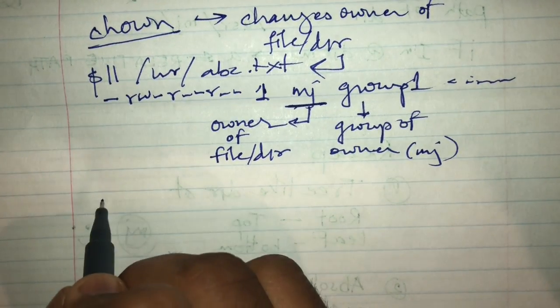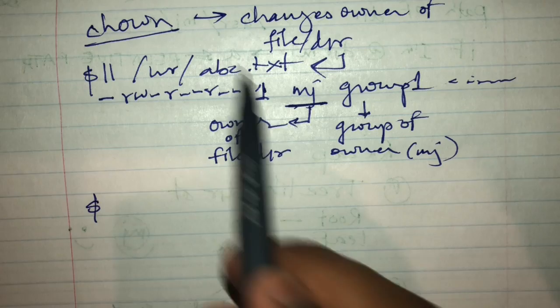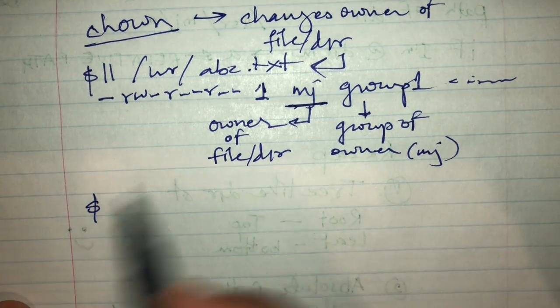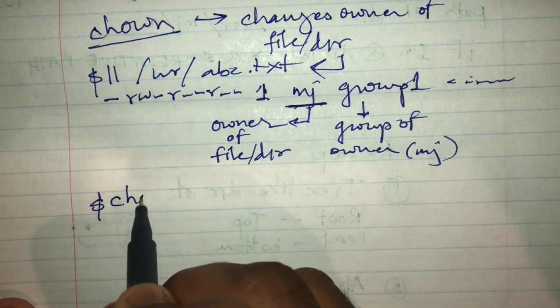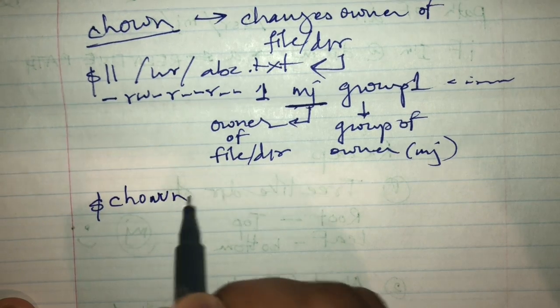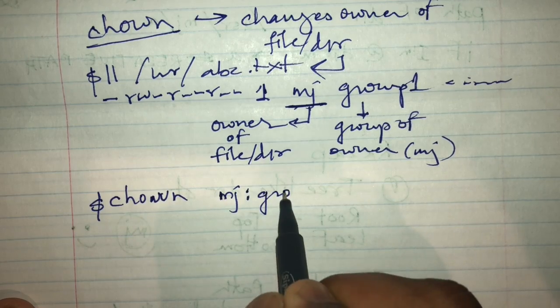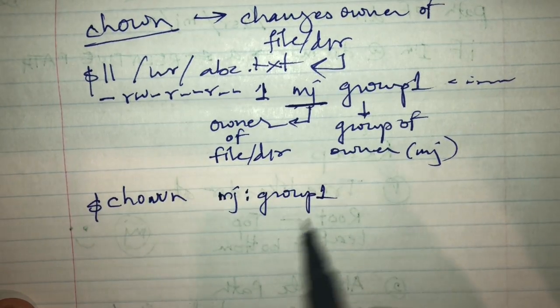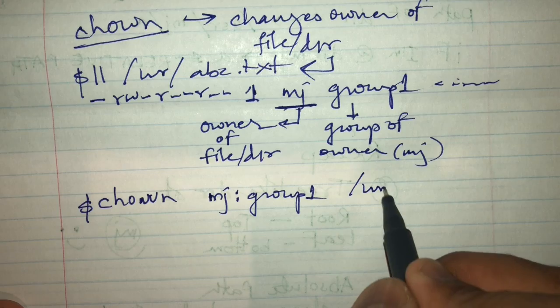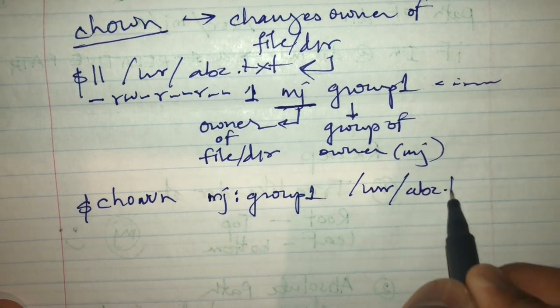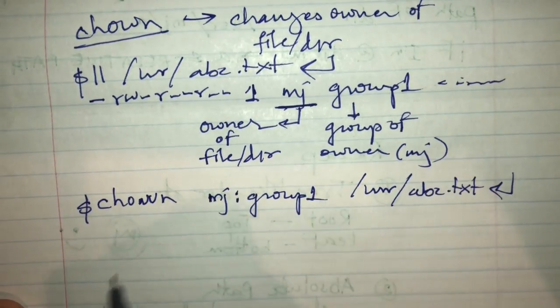So if you want to change the owner from mj to, let's say, another user mj1, you have to write like this, mj1 colon, let's say he is part of group1, and then you do usr abc.txt and enter.